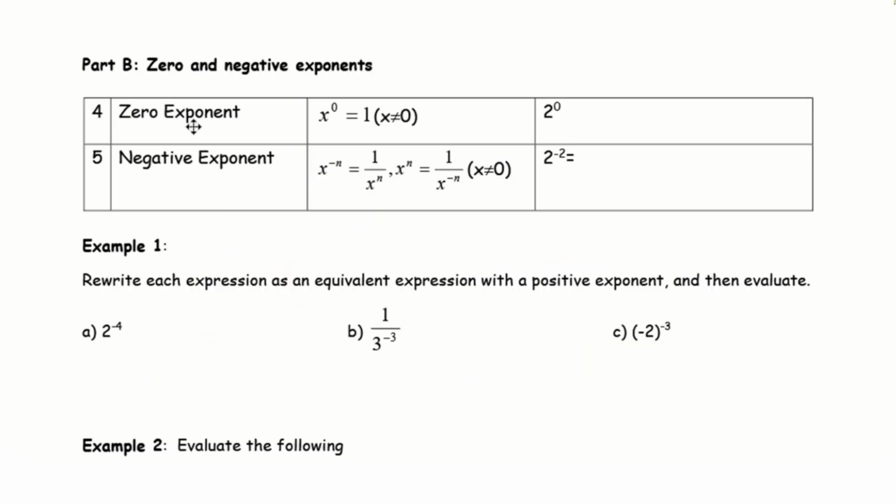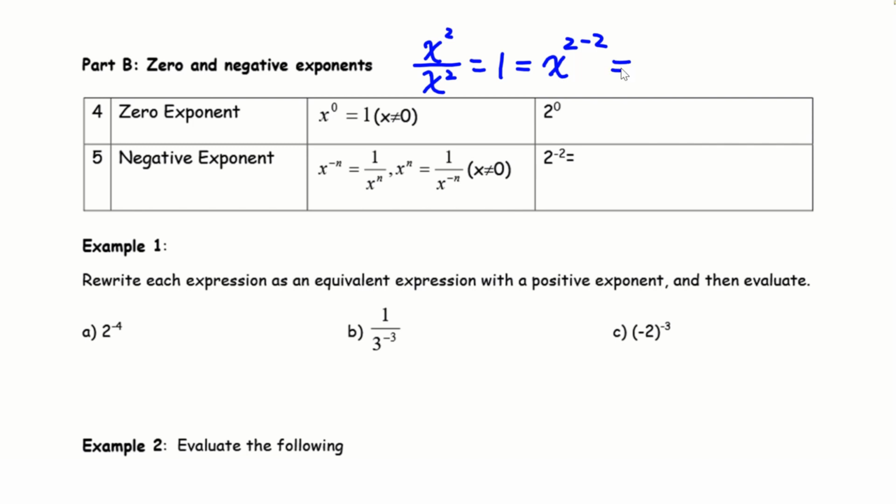So for the 0 exponent, x to the exponent 0 equals 1. The reason for that is if we have x squared divided by x squared, we know they are the same numerator and denominator, so you will have 1. But if we apply the quotient rule, for division the exponents subtract.